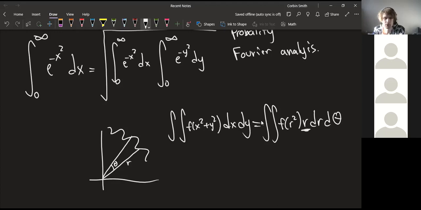So you have to put this r here. There is a way better explanation for why you have to put that r there when you change coordinates, but I'm just going to draw a hand wavy picture.